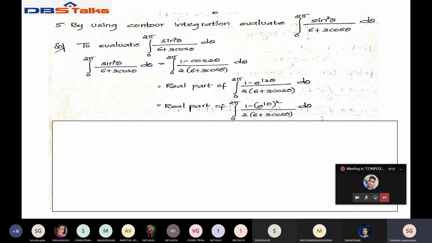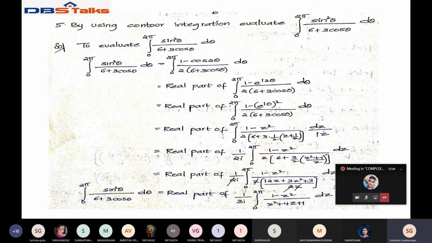So that equals the real part of the integral from 0 to 2π of (1 minus (e^(iθ))²) by 2 into (6 plus 3 cos θ) dθ. Next, substitute e^(iθ) equal to z, cos θ equal to 1/2 into (z plus 1/z), and dθ equal to dz by iz in the above integration.